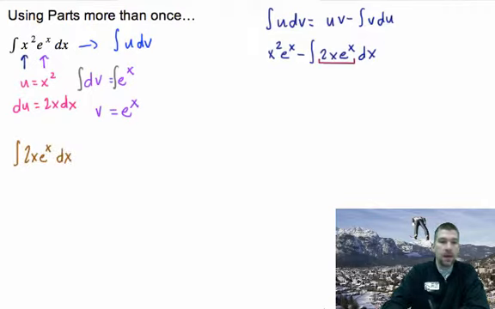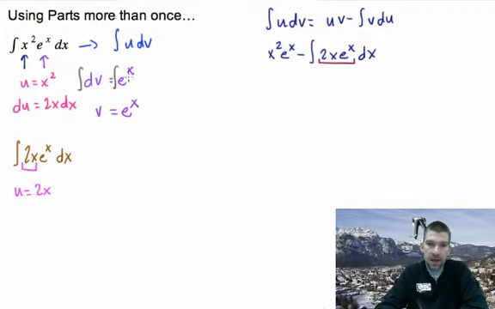And I'm going to allow 2x to be my u. And if you pick dv to be e to the x, then if we have to do integration by parts more than once, always pick dv to be e to the x.